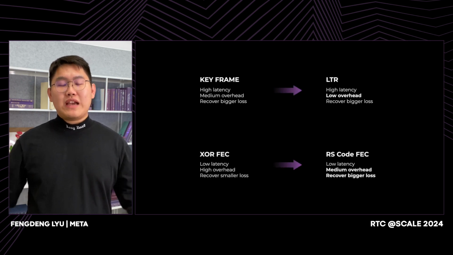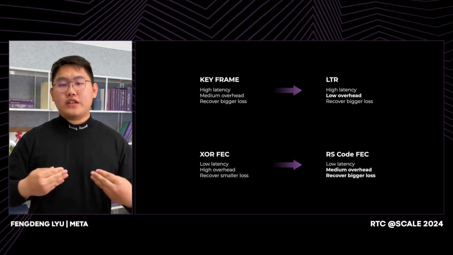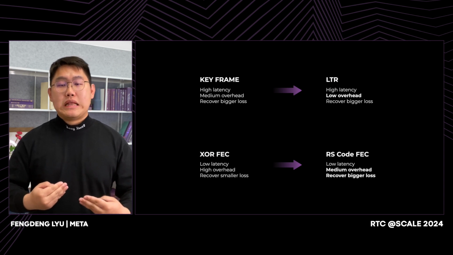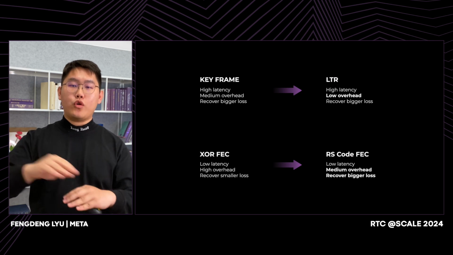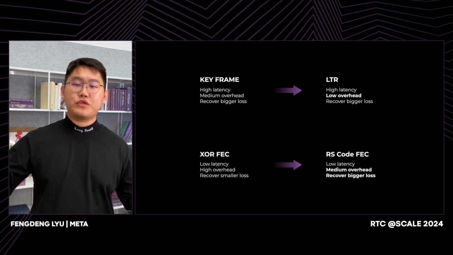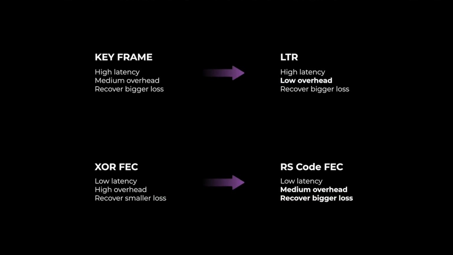Before we dive into the details of LTR and RS code, let's have a high-level overview of how they step into our whole NR mechanism to improve the whole system. First, keyframe. Just as a recap, keyframe is huge, and it has poor quality. So LTR can not only reduce the overhead, but also present much better image quality.